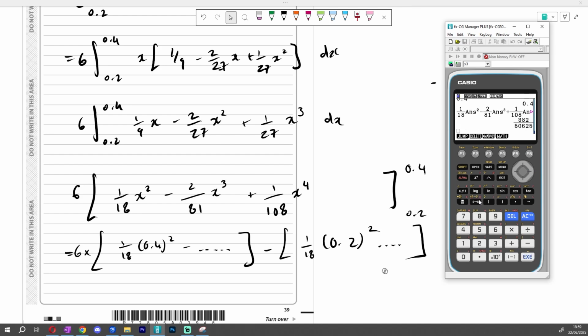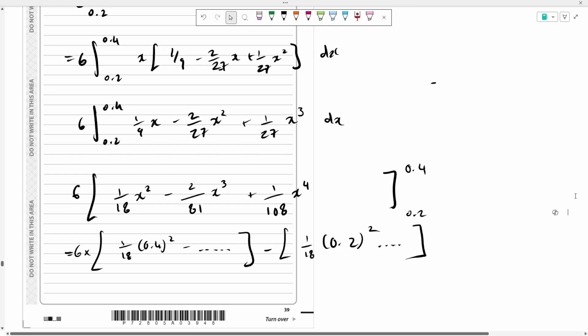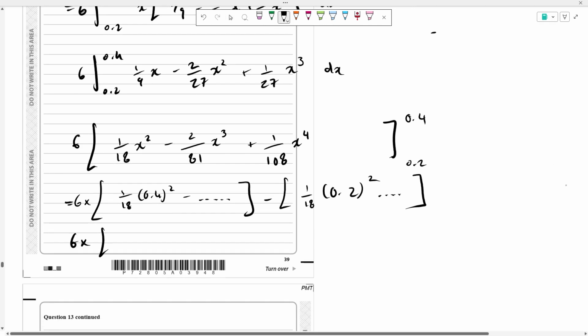And that gives us this number, which is wild, 382 over 50625. 382 over 50625. And we need to subtract the number with 0.2.